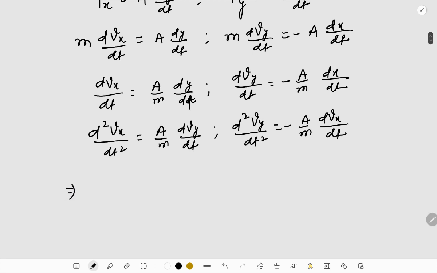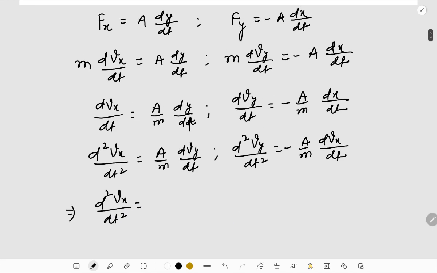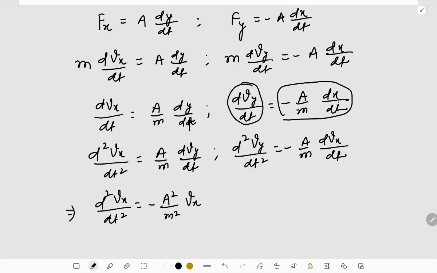And see, things are easy now, because this equation becomes d2vx by dt square equals a by m times dvy by dt, and you can find this value from here. This is minus a by m, so multiply it here and we get minus a square by m square, and dx by dt you can write simply as vx.